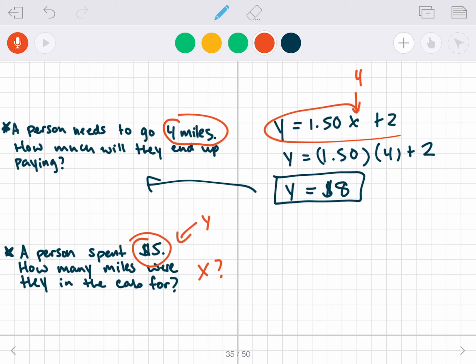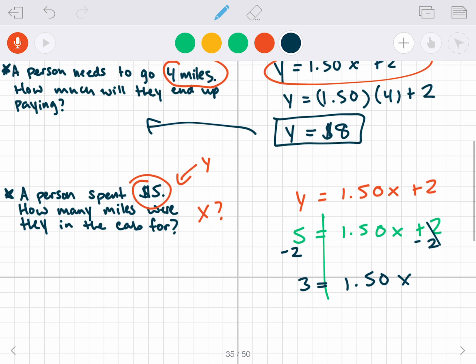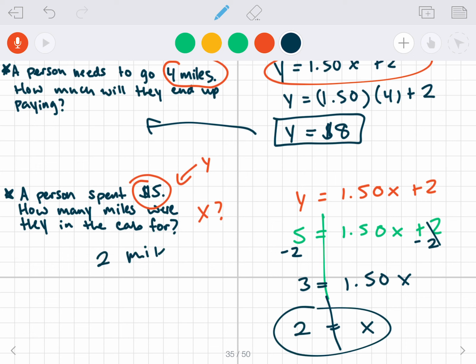So again, using this equation, y equals $1.50x plus 2, we can plug in 5 for y and solve for x. So if I subtract 2 from both sides, I get 3 equals $1.50x. Dividing both sides by $1.50, I get x is equal to 2. So they were in the cab for 2 miles.